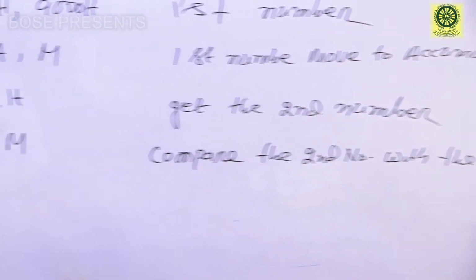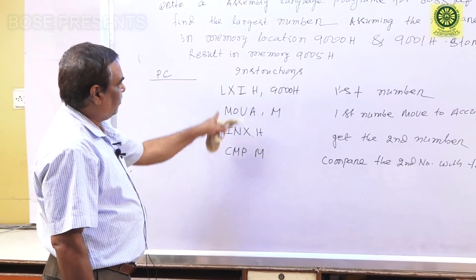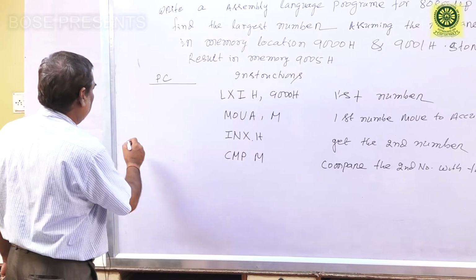Here the comparison is nothing but a subtraction between the two numbers in the 2's complement method.